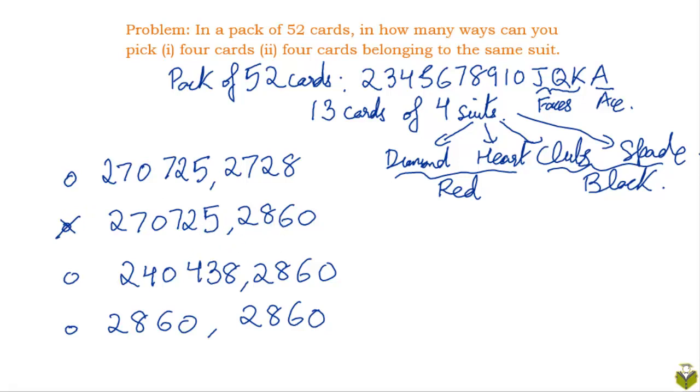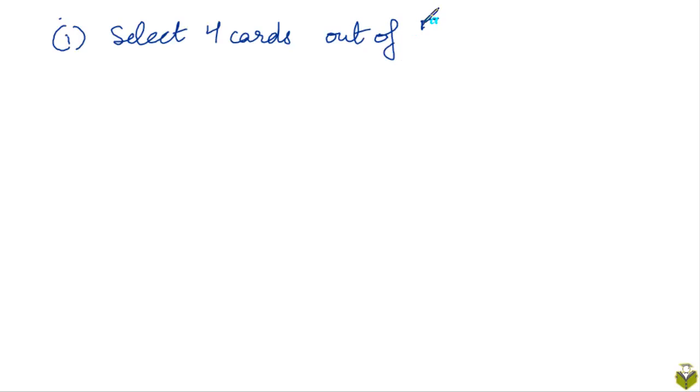So let us look at the solution now. The first problem should be pretty straightforward. You basically have to just select 4 cards, right? And we have 52 total cards, like I explained before. So how do you select 4 cards out of 52?